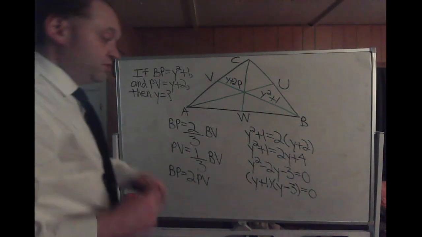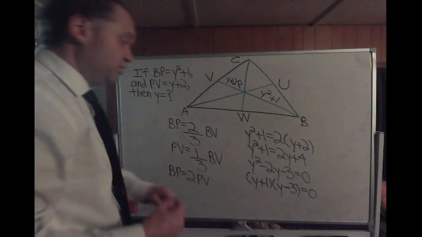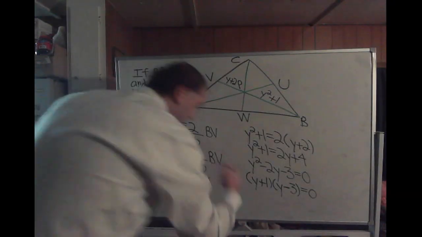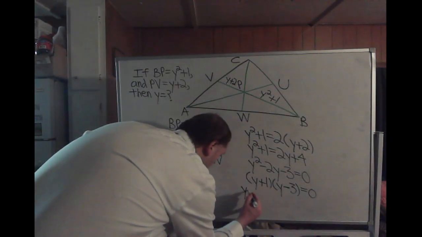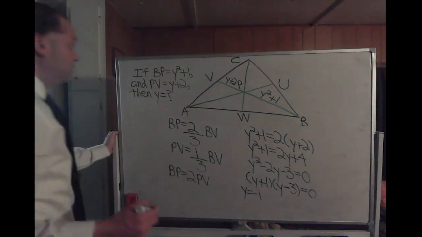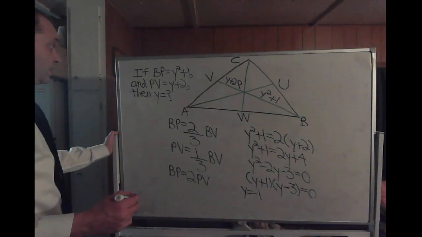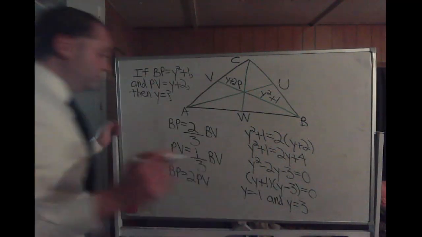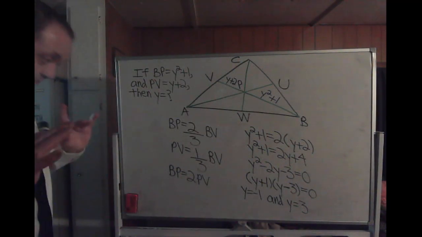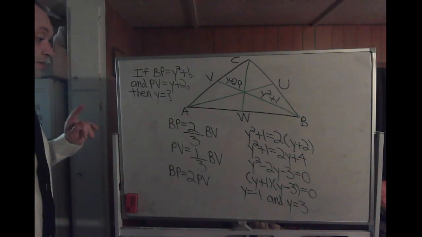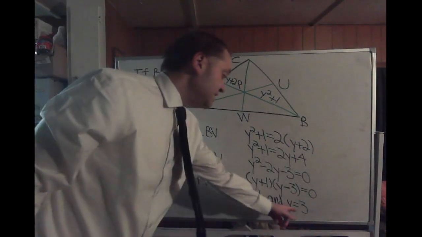Of course, now we take each solution, set it equal to 0. Y plus 1 equal to 0 would give you that y equals negative 1. And y equals 3. Now, let's input both solutions into these values.